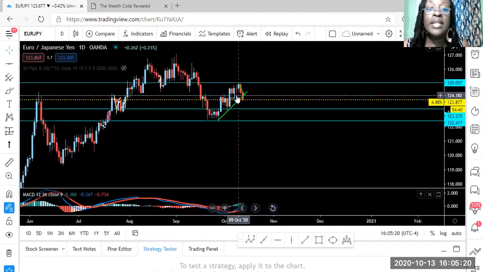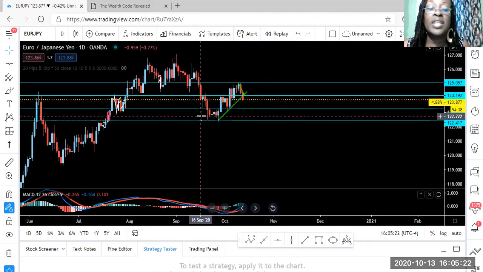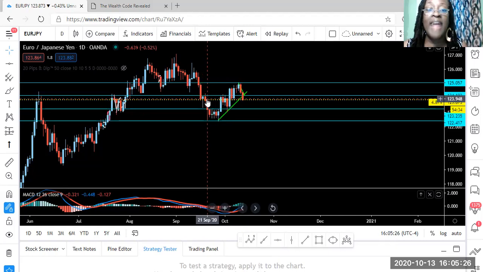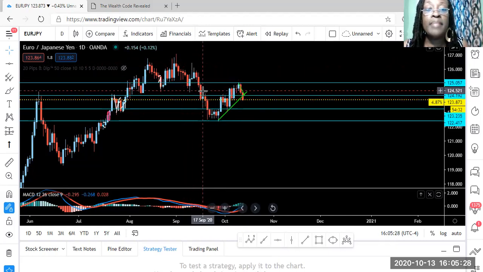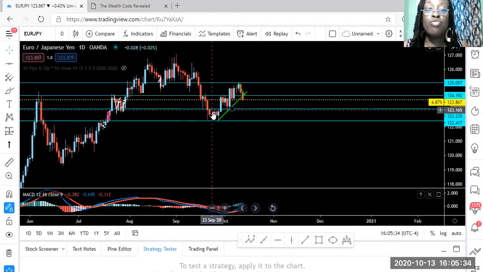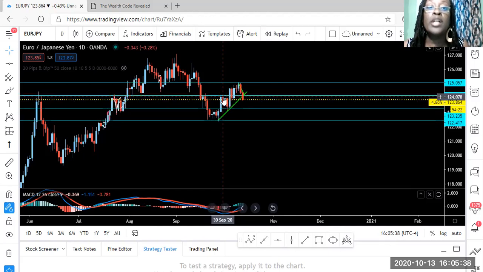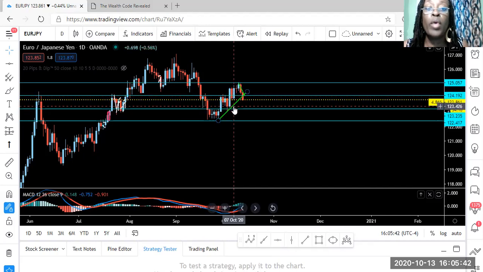This line on the daily, look at how often it touched, right? How often did it respect that area? So when price came down here, pushed back up, touched that area, hit that key zone, and then what? Dropped back down. Came back up, hit that key zone, then what? Dropped back down before it broke through.